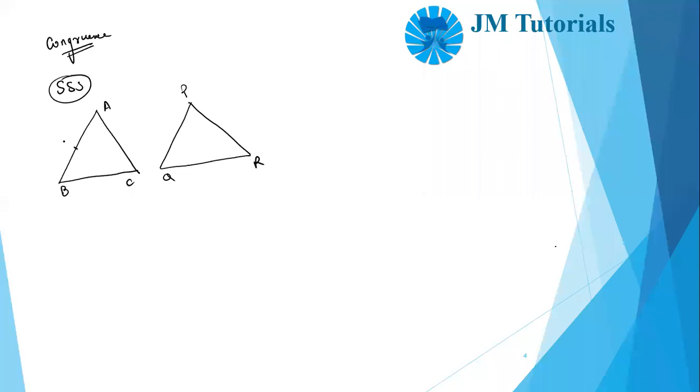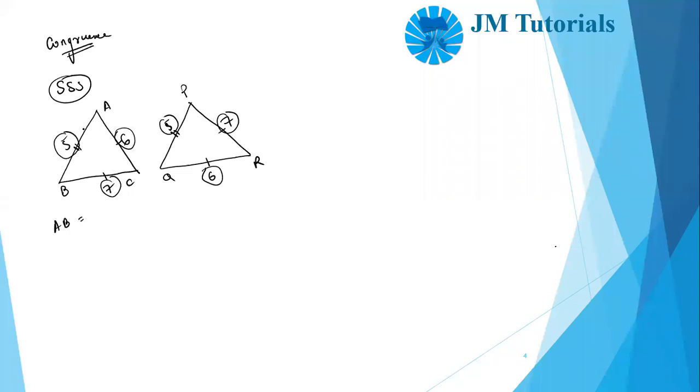Now, suppose this is 5 centimeters, this is again 5 centimeters. Suppose this is 6 centimeters, this is 6 centimeters, this is 7 centimeters, this is 7 centimeters. Both of these triangles have the same length of sides. So I can say AB is equal to PQ.